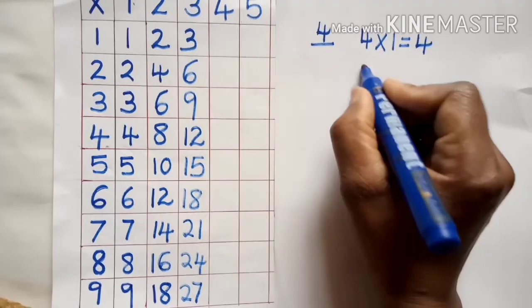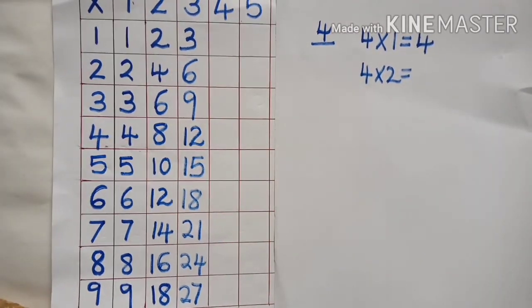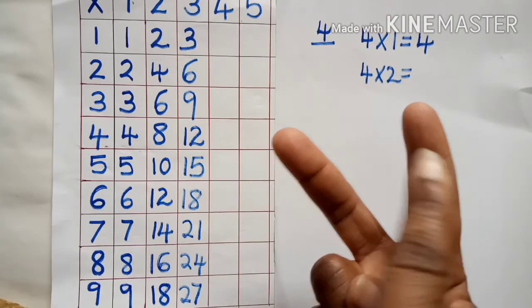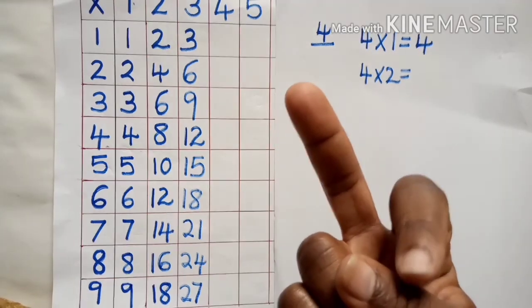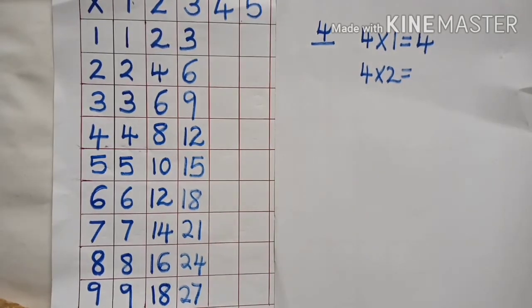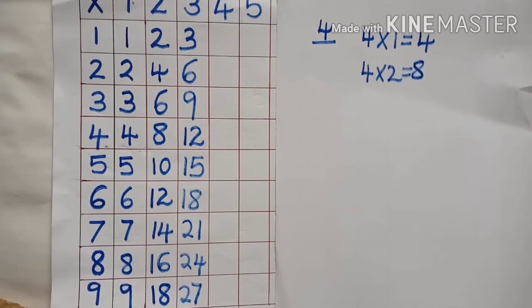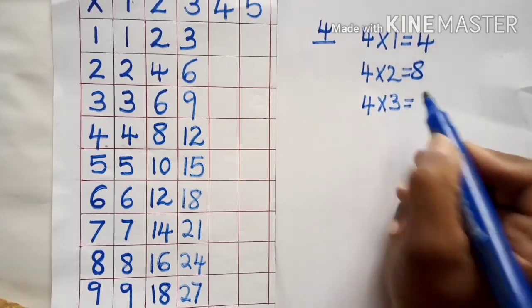Now let's go to 4 times 2. How do we do 4 times 2? We go to the multiples of 3 and say 3 times 2 is 3, 6. 6 plus these two fingers is 6, 7, 8. So 4 times 2 is 8. We continue with 4 times 3.